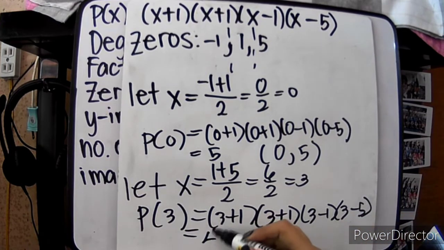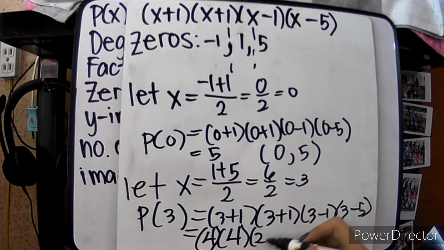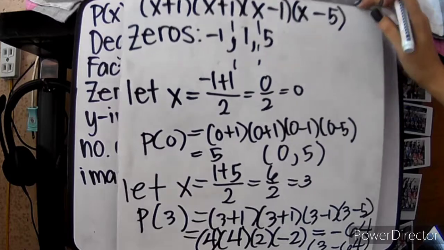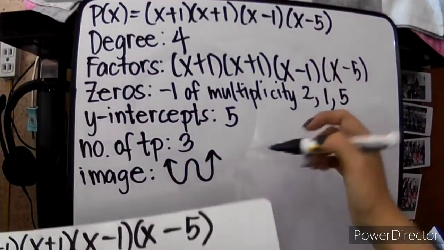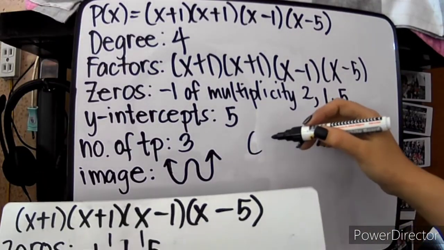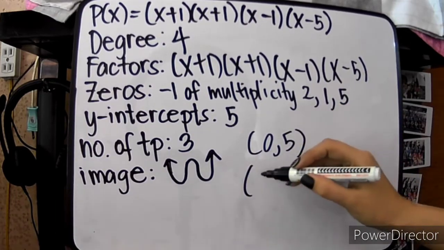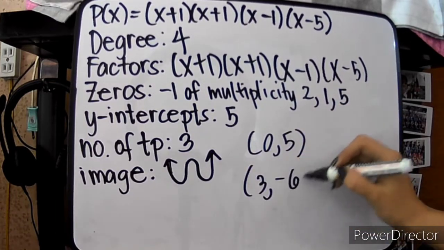So, this is 4 times 4 times 2 times negative 2. So, this is equals to negative 64. And our ordered pair is 3, negative 64. So, sulat natin dito yung ating ordered pair. 0, 5, and 3, negative 64.